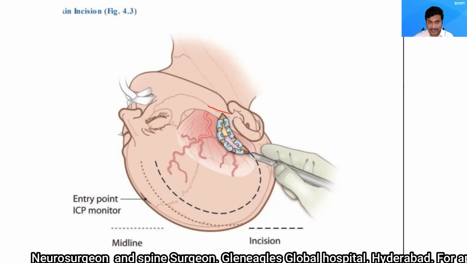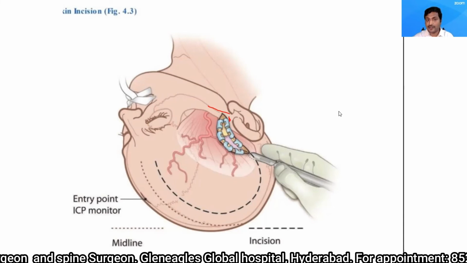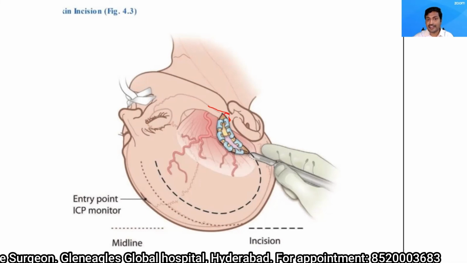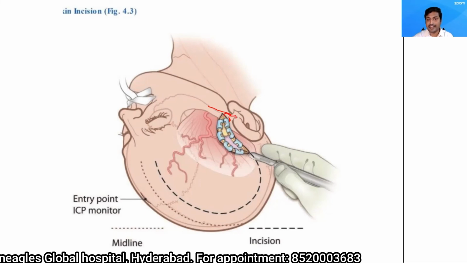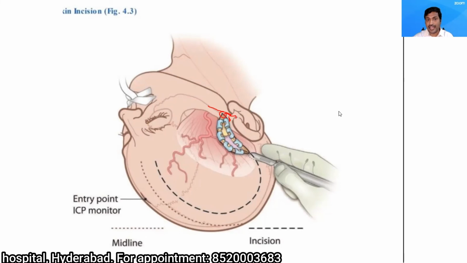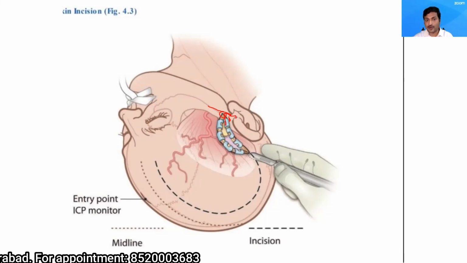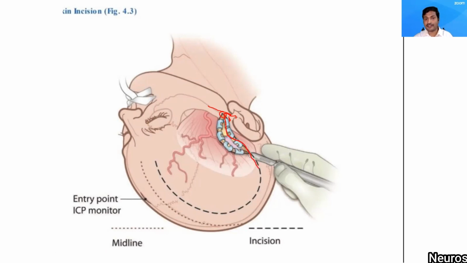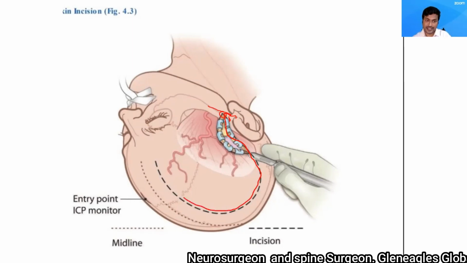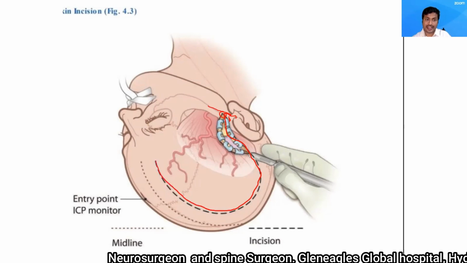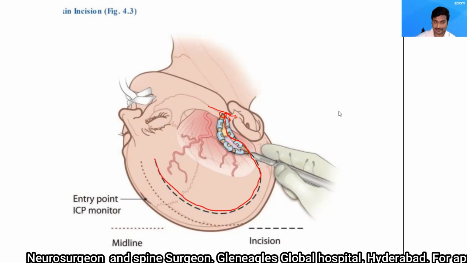This is the tragus. So above the zygomatic arch, around 1 centimeter in front of the tragus, I start my incision. I go parallel to the tragus, go up. Just above the pinna, I take a posterior superior turn, go back sufficiently backwards to involve the parietal eminence, and then go forward and reach and end at the level of the hairline.